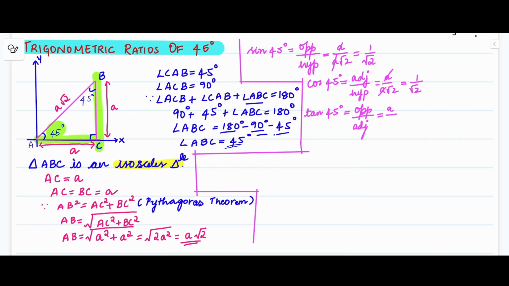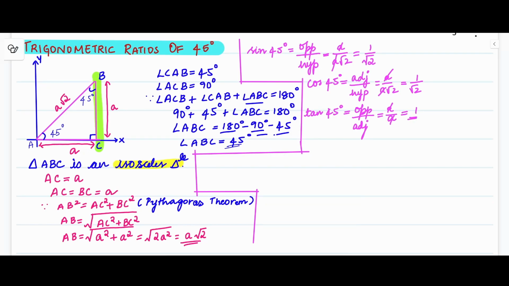We cannot consider side AB to be the adjacent side because this side is opposite to the 90-degree angle, so it is considered the hypotenuse of the triangle. Therefore our adjacent side, which is adjacent to angle 45 degrees, is AC, whose length is A. So it is A divided by A. A and A will cancel out each other and we are left with 1.